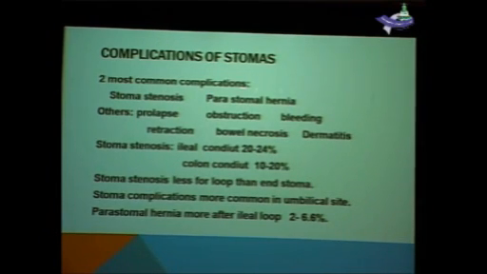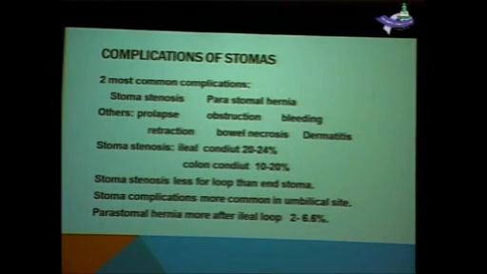If you do an ileal conduit, you have to remember that there are complications, so you try to avoid them. Stomal complications include stomal stenosis, so you have to try to avoid it by getting a good stoma outside the skin, so you don't get stenosis.